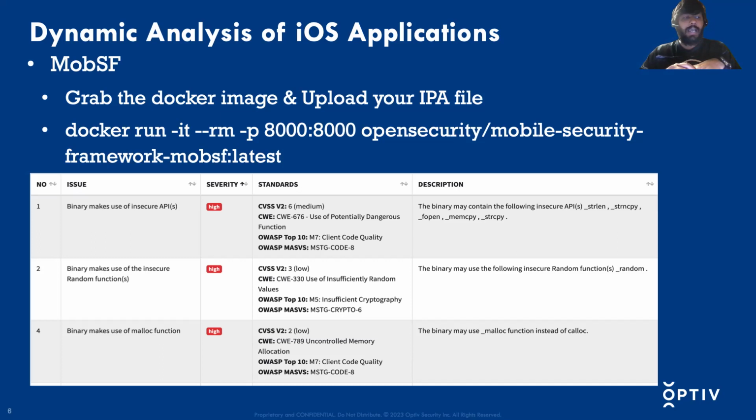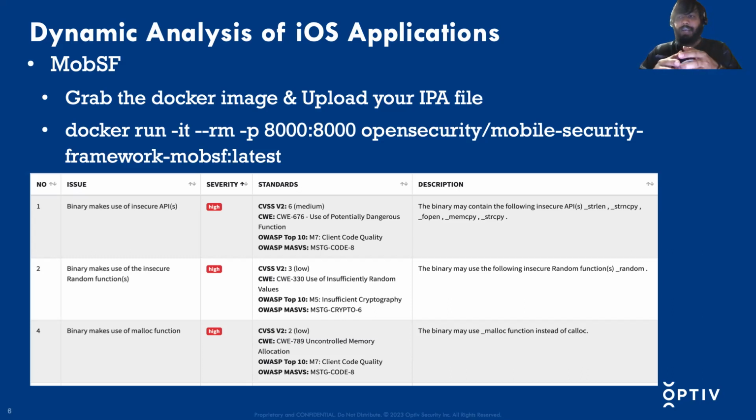So for instance, I have posted here a simple screenshot of the bugs that I have found during the testing of a vulnerable iOS application, where the application uses insecure APIs, insecure random functions, and insecure malloc functions.